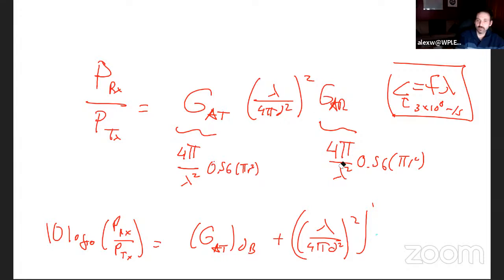What this means is that you just have to take the 10 log 10 of it plus the G_A R in dB. So you just have to take 10 log 10.